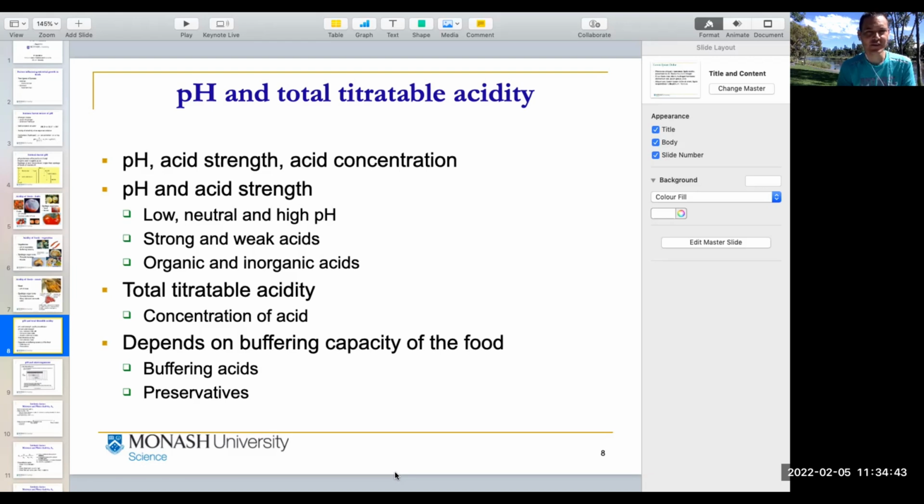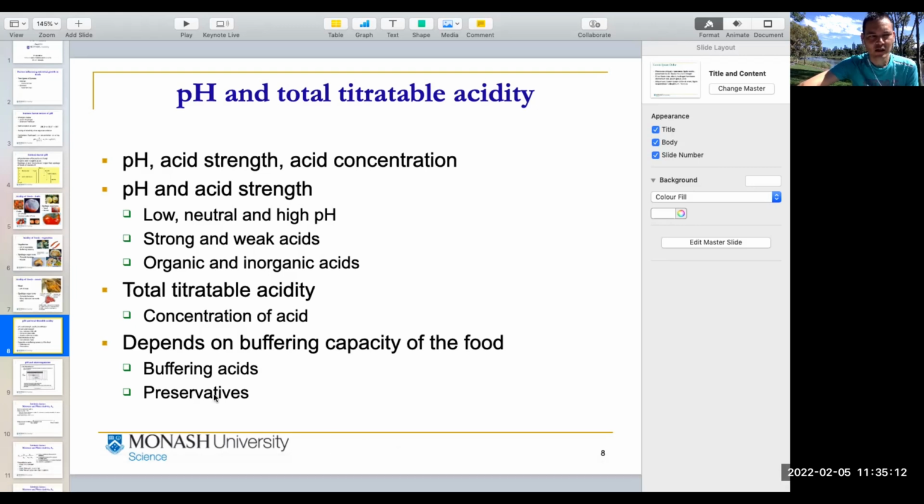So these are some of the scientific considerations based on the chemistry of acids and bases that need to be taken into consideration when you're looking at how best to use pH or acidity as an intrinsic factor for food preservation.